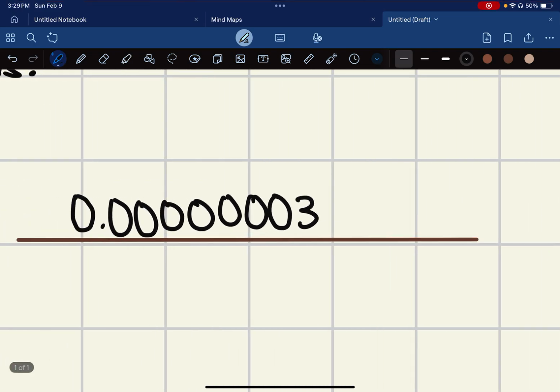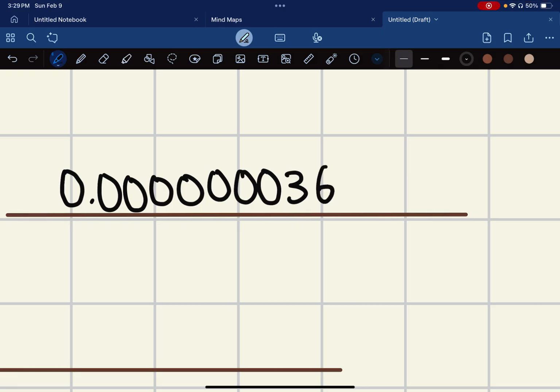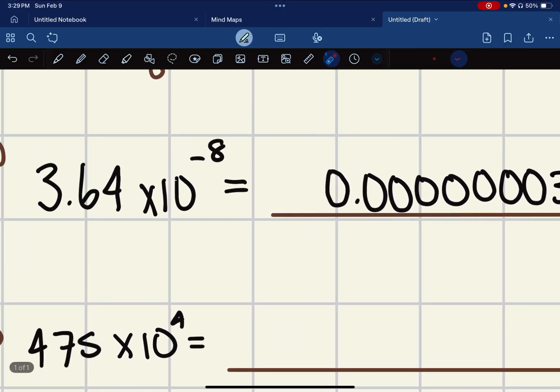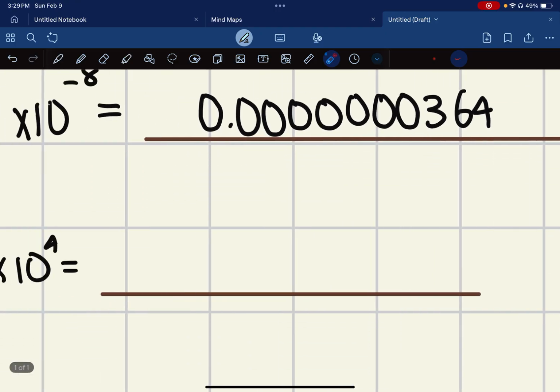That 3 is moved 8 places back. And then you already have the 64 in the decimals. So there you go. I'm going to show you how that works. You see how we had 3.64, and it works the other way too. So you go 1, 2, 3, 4, 5, 6, 7, and then the 3 would go back right here to 8.